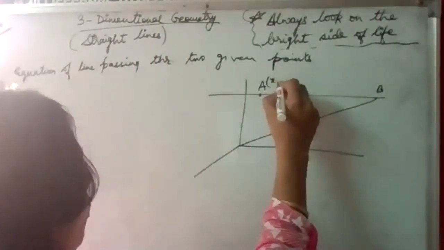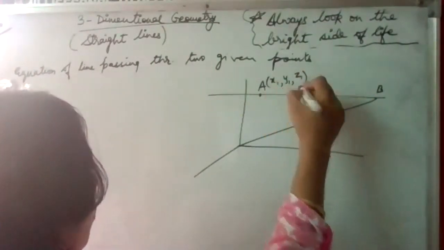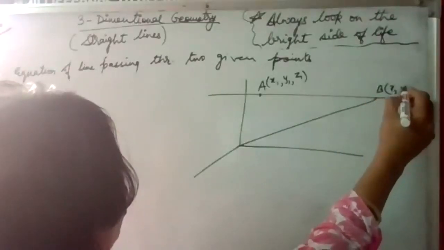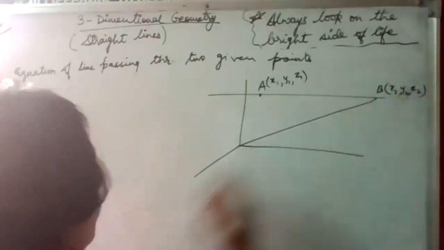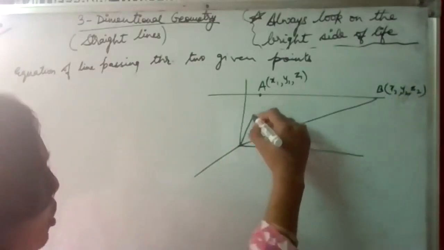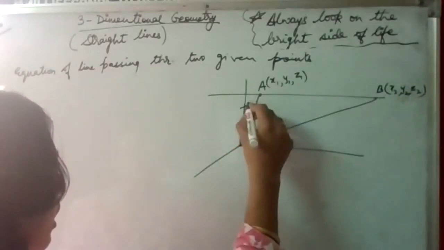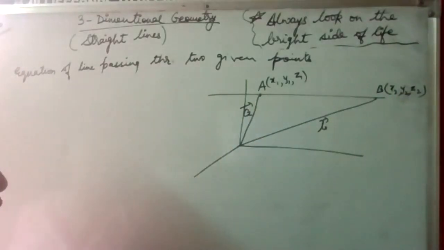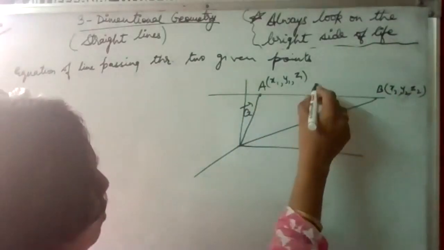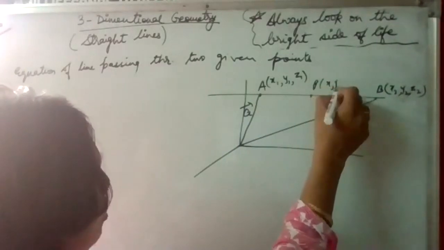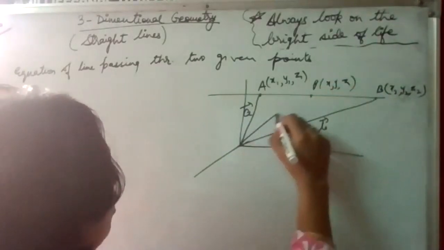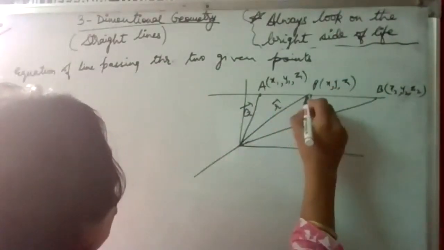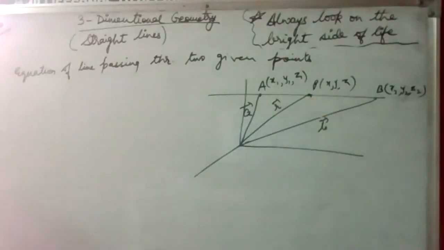Let's take the coordinates of A as x1, y1, z1, B as x2, y2, z2. And this is the position vector of A. We are taking it as a vector. This is the position vector of B. We are taking it as b vector. And a general point will always be there having the coordinates x, y, z. And the position vector of the general point will be r vector.